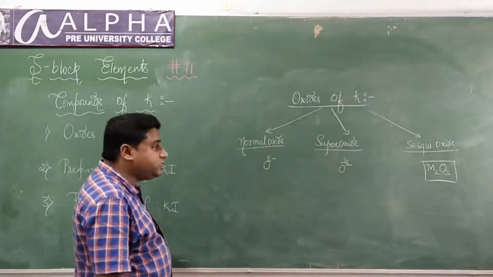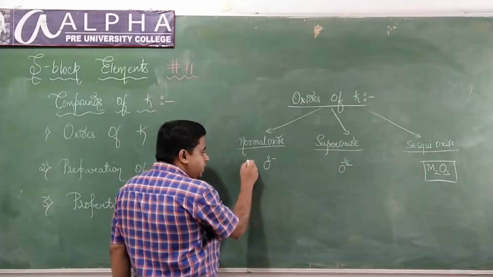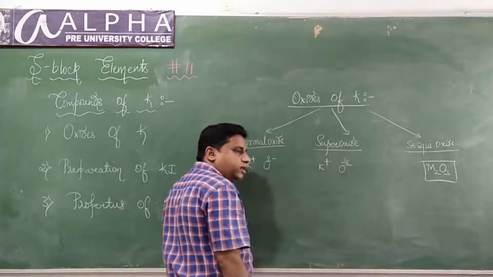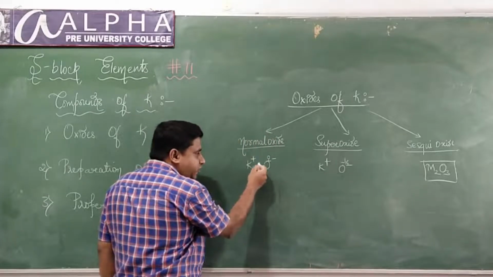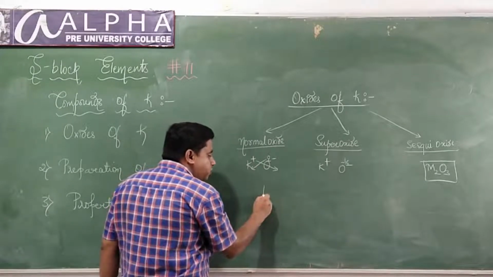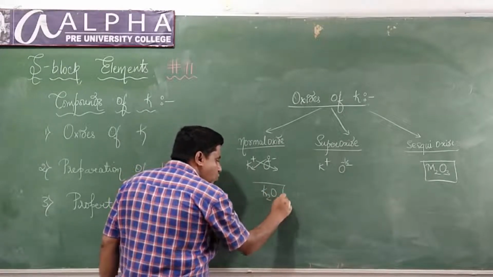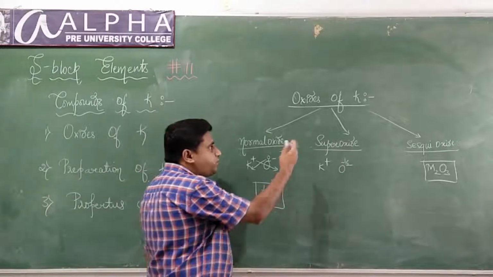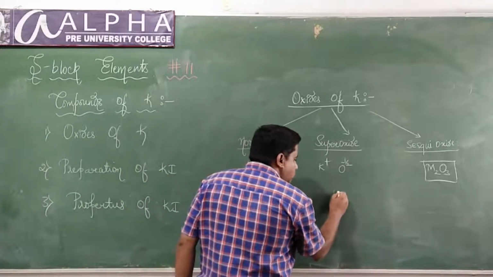What is the formula for normal oxide? Just write K+ in all the cases and interchange the ions, the crisscross method. So what will be the formula of normal oxide? It is going to be K2O. What is the formula for potassium superoxide?